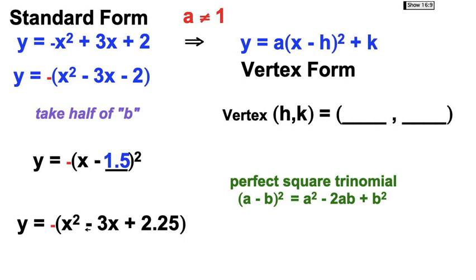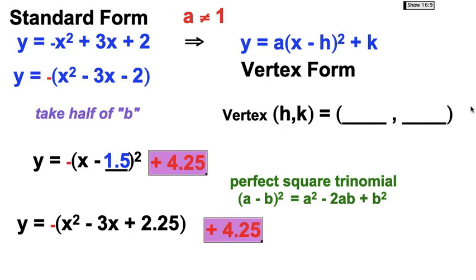So watch out on this one. Watch what we do here as far as making the adjustment. Now, I am going to have to add. I guess I kind of skipped ahead on that a little bit. I'm going to have to add 4 because I need to make this 2. But you see, this is really negative x squared plus 3x minus 2.25.